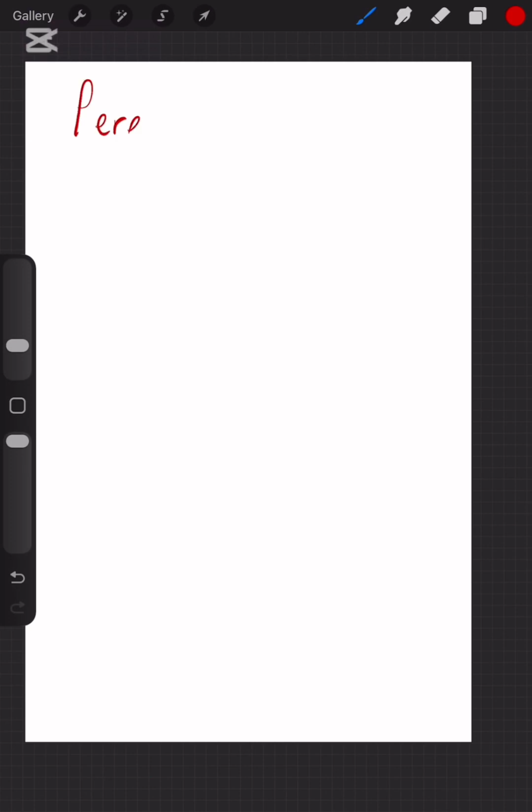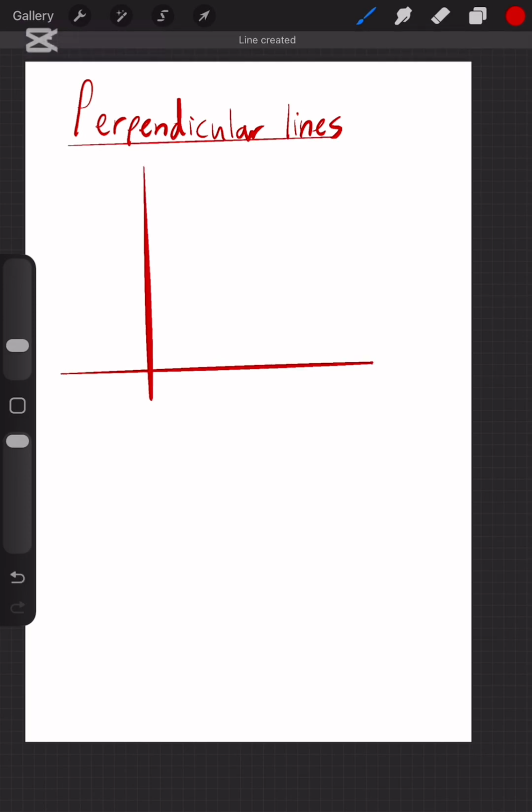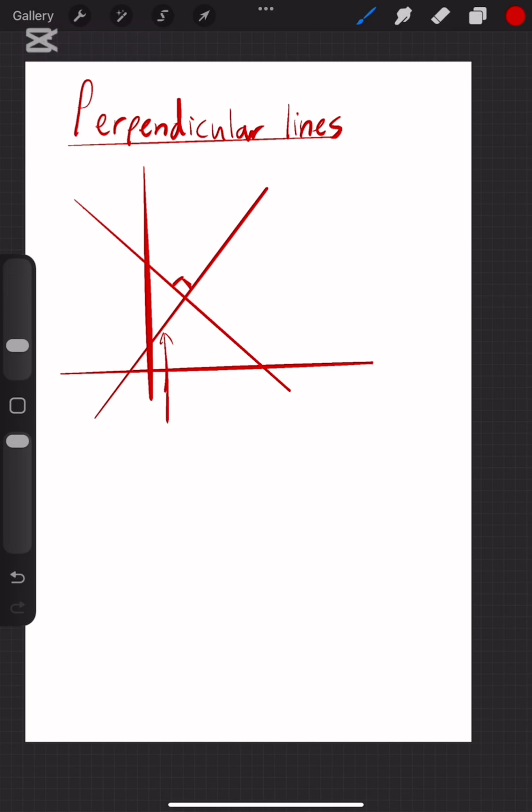Okay, so now we move on to the most challenging part of straight lines, perpendicular lines. Perpendicular lines are lines that intersect a line at a 90-degree angle. So that'll be our regular line, and the one intersecting will be perpendicular.